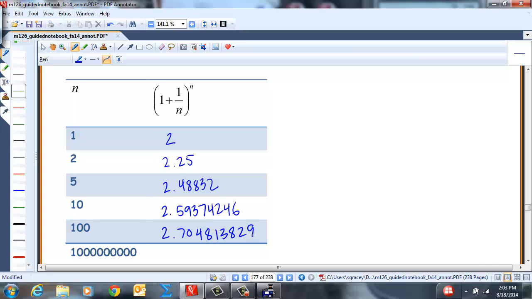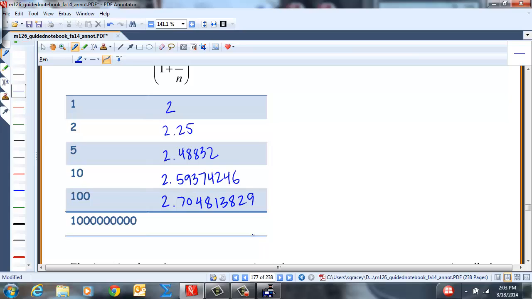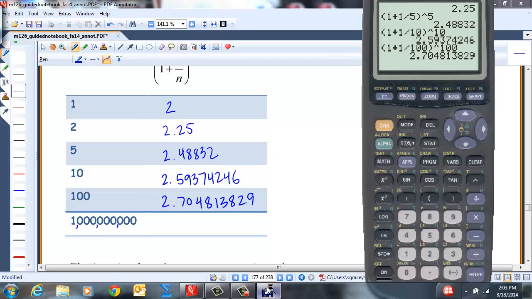And finishing it off, letting n be 1 million, let's see what we get.